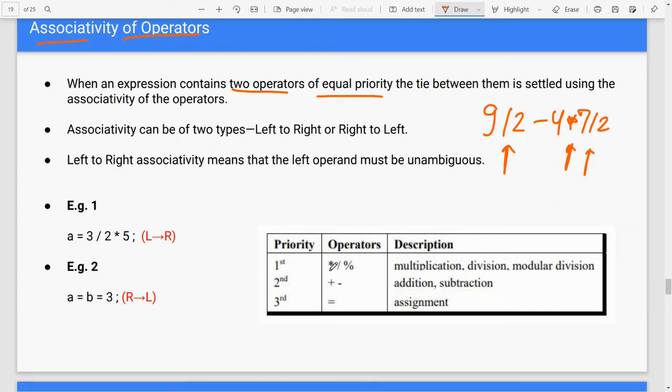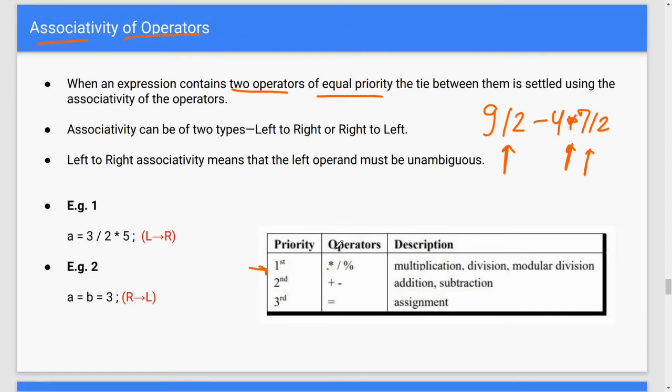Multiplication, division, and modulo all have the same first priority. So which one should get executed first? There is a rule made for that, called associativity of operators. It has two types: proceed left to right, or proceed right to left.